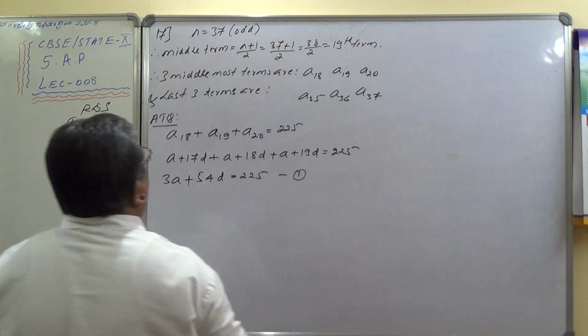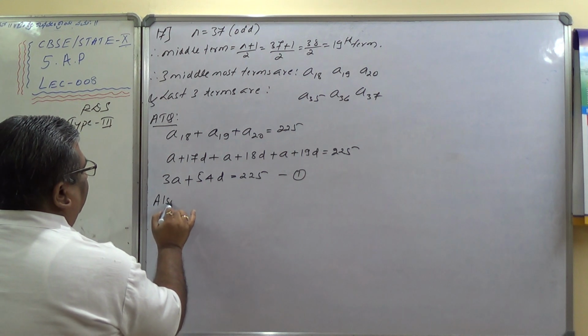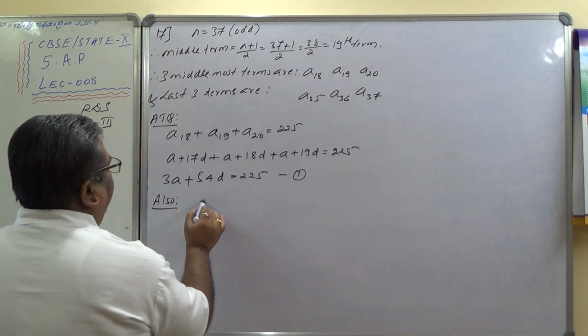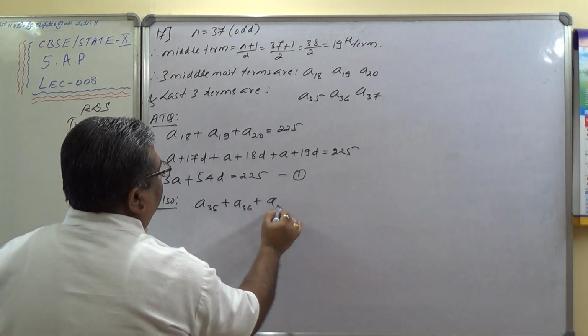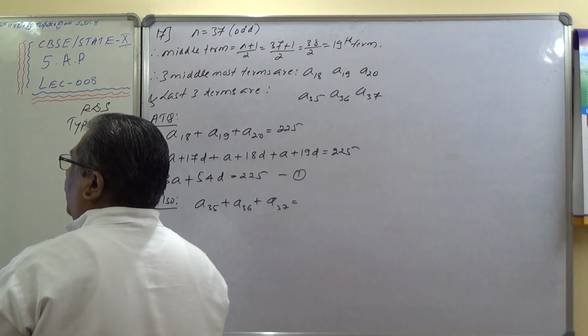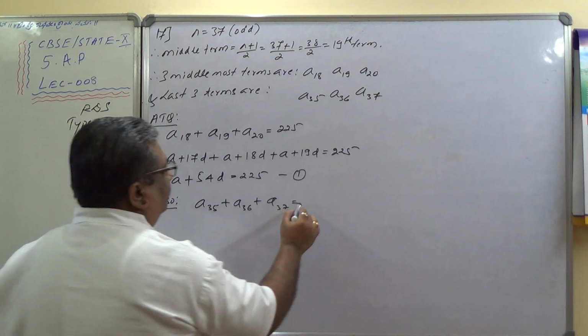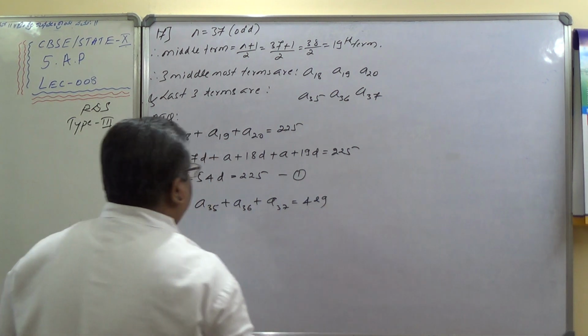Mark it 1. Also, A35 plus A36 plus A37 equals 429.